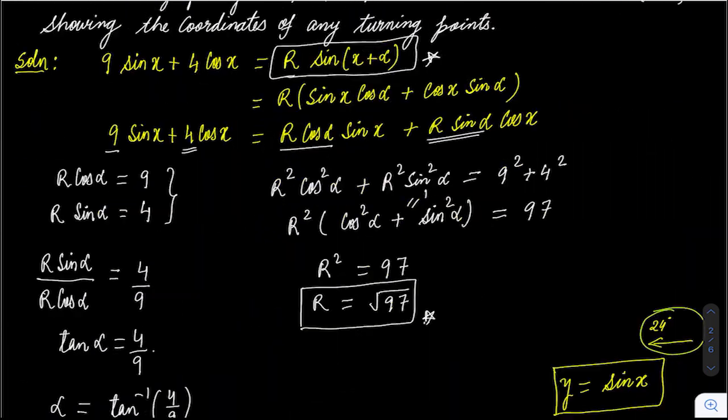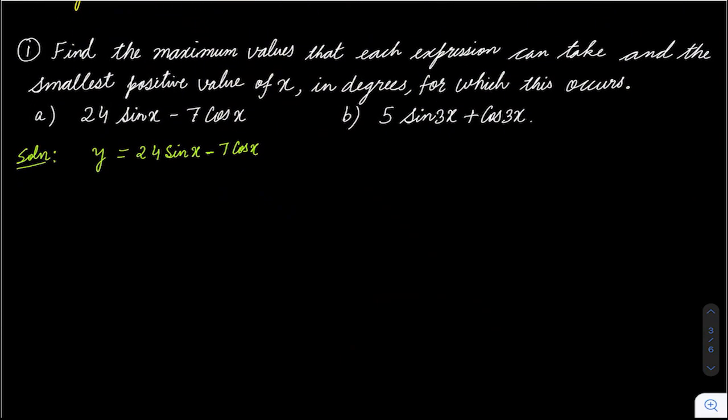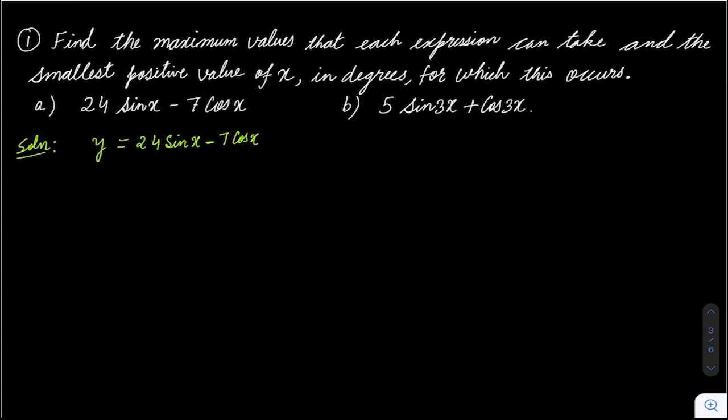But now what is happening is, when you are doing trigonometric modeling questions, most of the times they won't specify. Like for example, this, they are not specifying which form you have to write this expression in. So now you have to think.